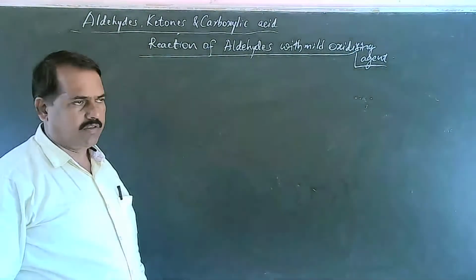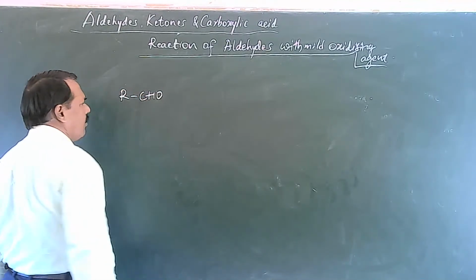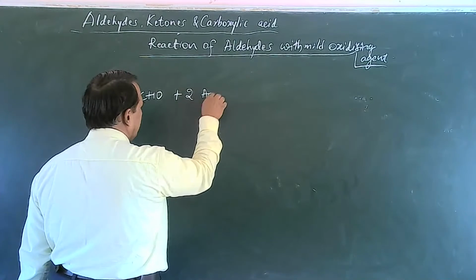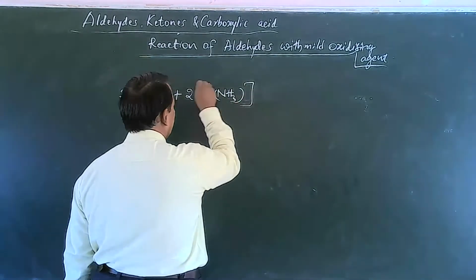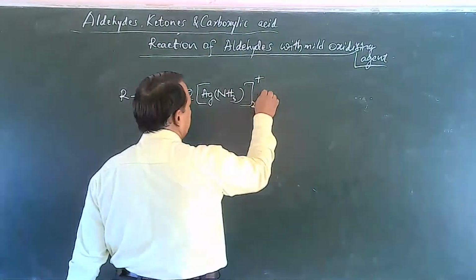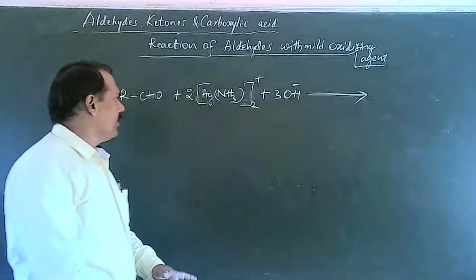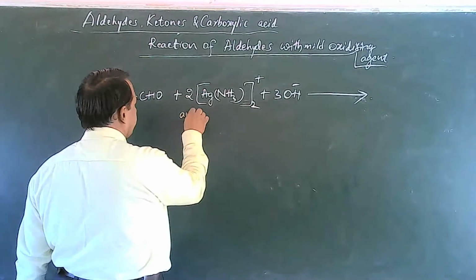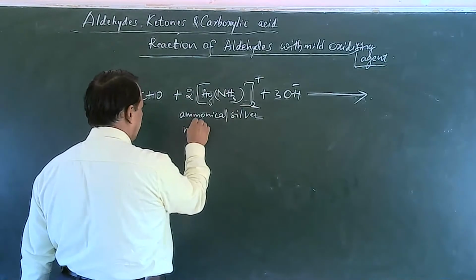When an aldehyde, CHO, is oxidized in the presence of ammoniacal silver nitrate, Ag(NH3)2 plus, in a basic medium, OH minus, this reagent we call ammoniacal silver nitrate.